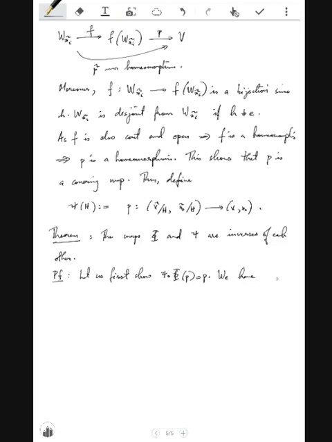So we have a lift f, and recall that phi of p is defined to be Aut f.